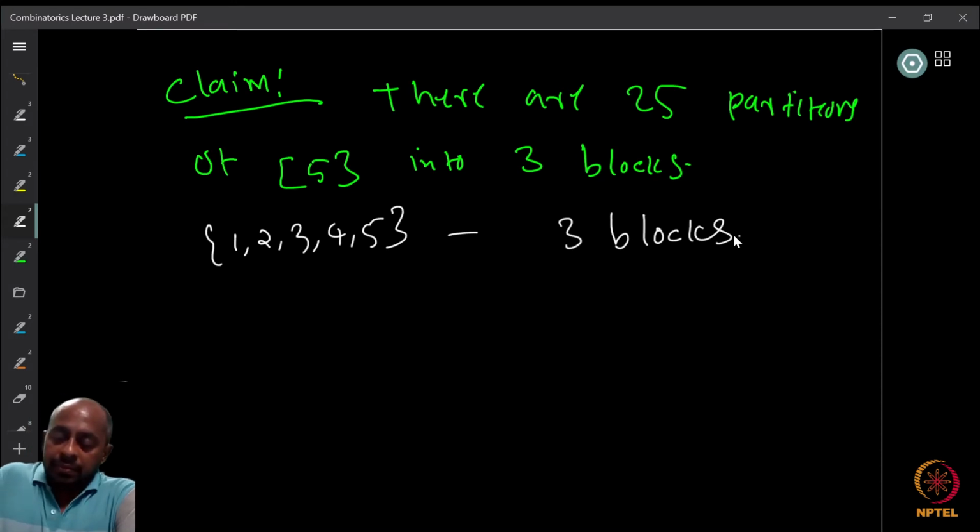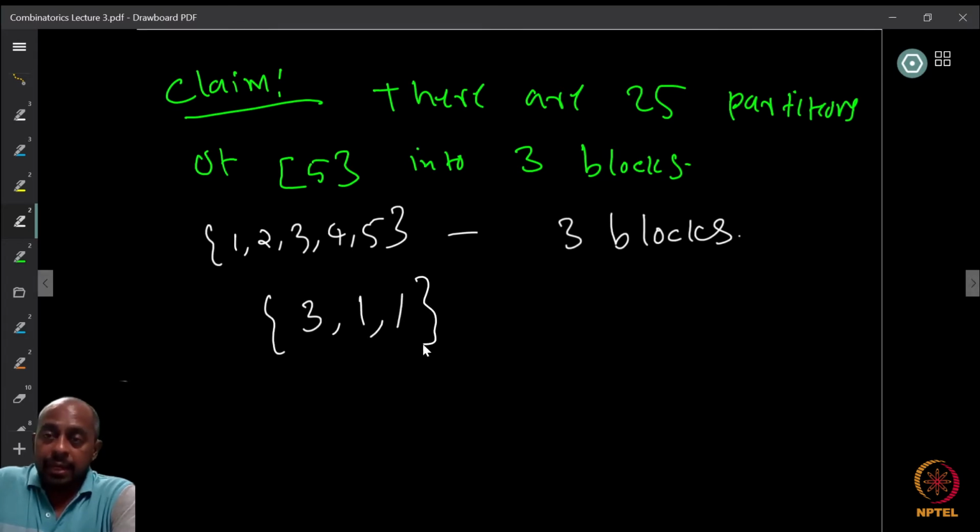Since we are looking at exactly 3 blocks, what we can observe is that the only possibilities are that the sets in the partition have cardinality 3 if there is one with 3, and since we need exactly 3 blocks, the other 2 must be 1, 1, because there are only 5 elements.